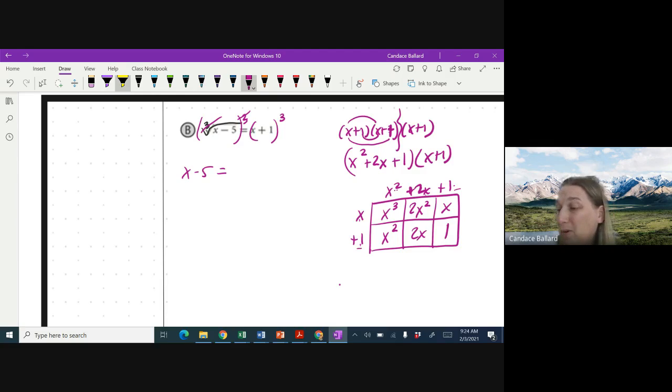Remember, 90% of the time, 95% of the time, your diagonals are your like terms. I'm going to finally write that over here. So now that I've done my scratch work off to the side, I've got x cubed, 1x squared plus 2x squared is 3x squared. 2x plus x would be 3x, and then plus 1.